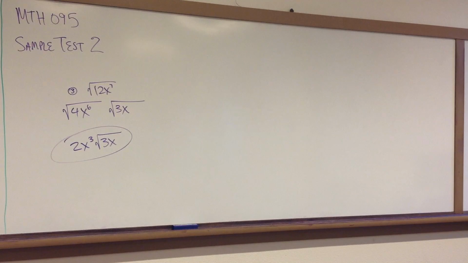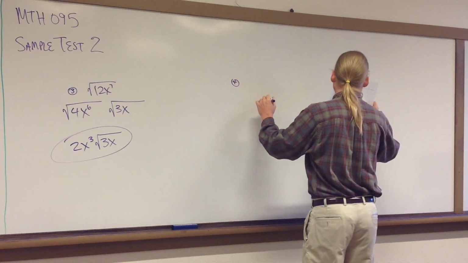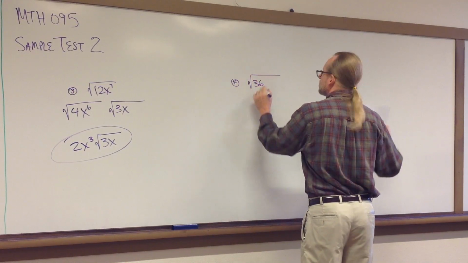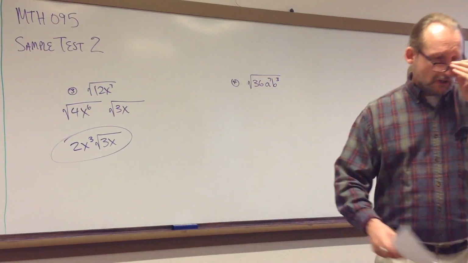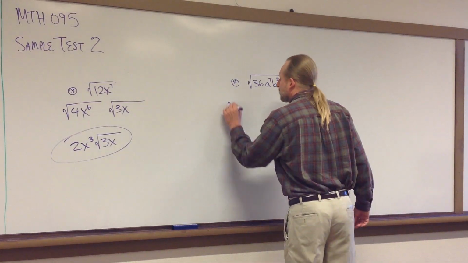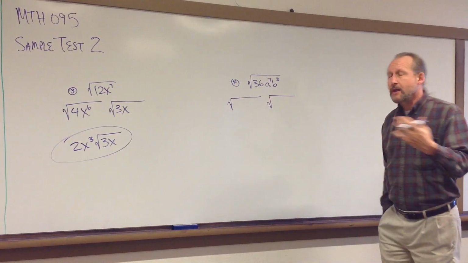Problem 4 is the same type of problem. Here we've got the square root of 36, a to the 7th, b to the 3rd. So I'll do the same thing I did in problem 3. I'll make a radical for things that are perfect squares and a radical for things that are not.